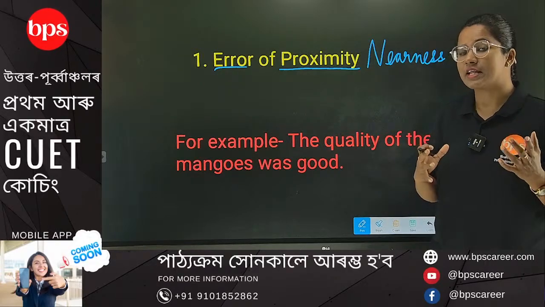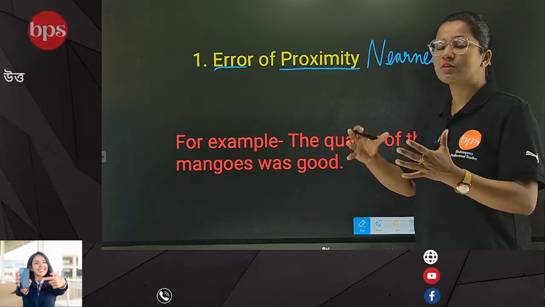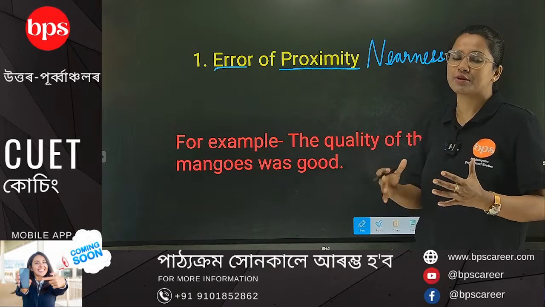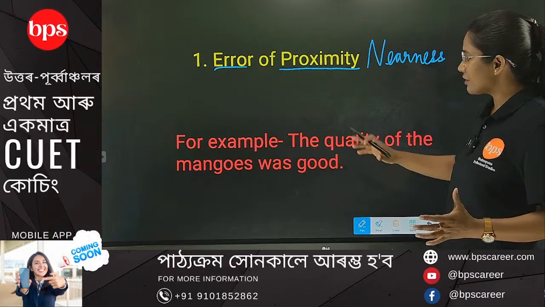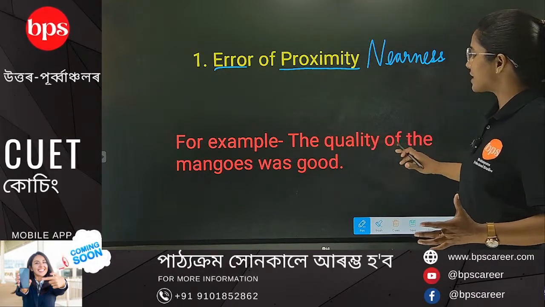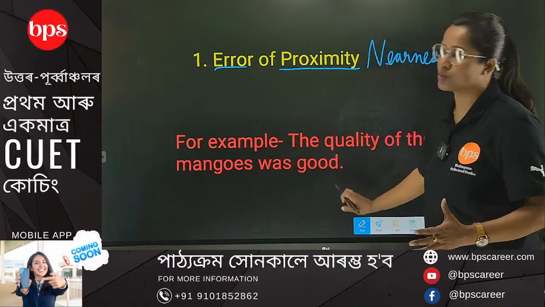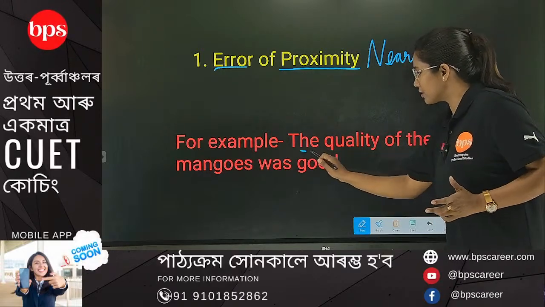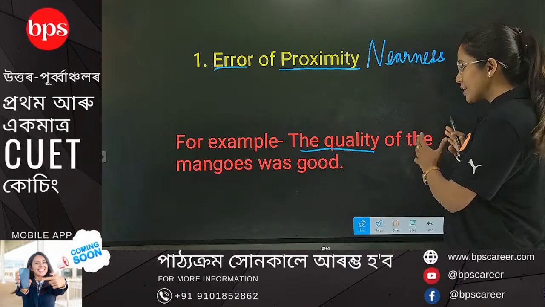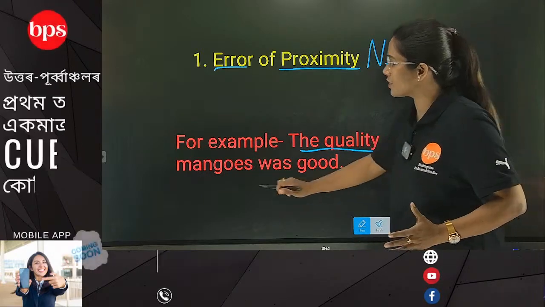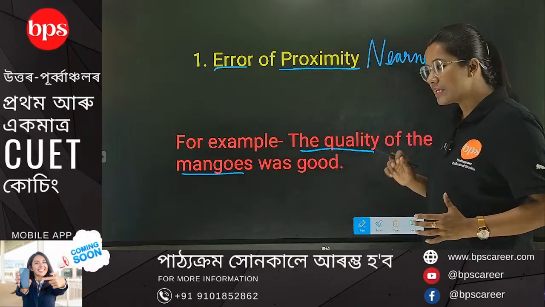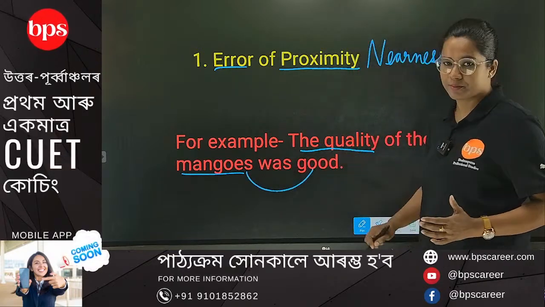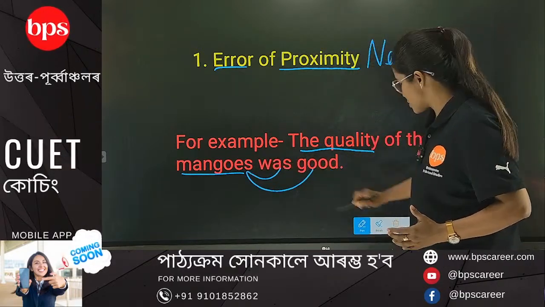So let us read the example, and with the example itself we will understand what is the issue of the error of proximity. For example, the quality of mangoes was good. Now what is being referred to here? The quality. And what? The quality of what? The quality of mangoes. Here what we do, we try to relate mangoes with the verb.